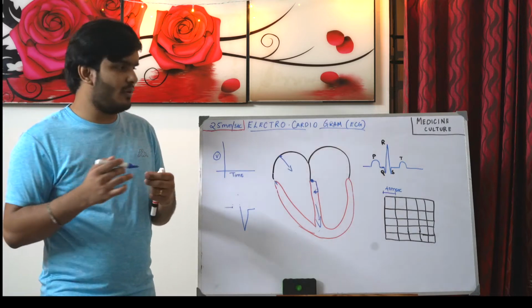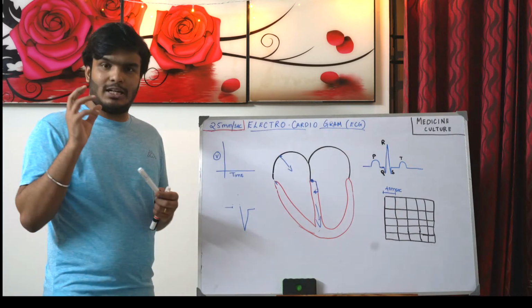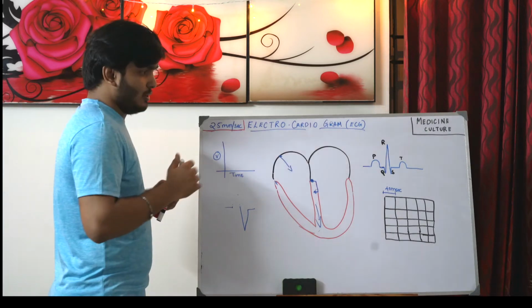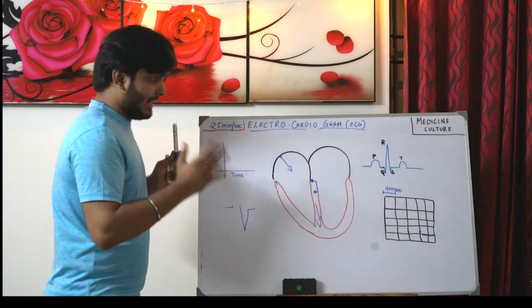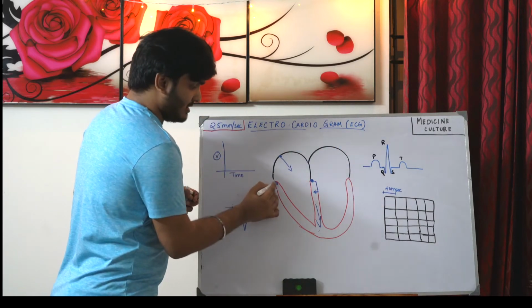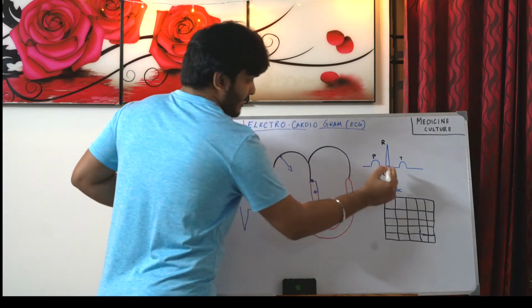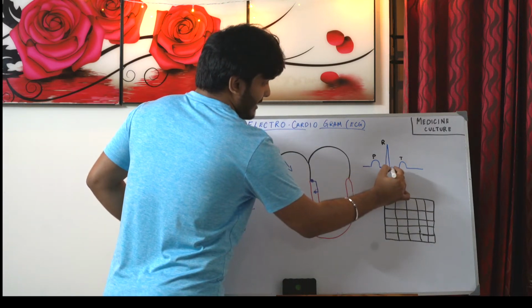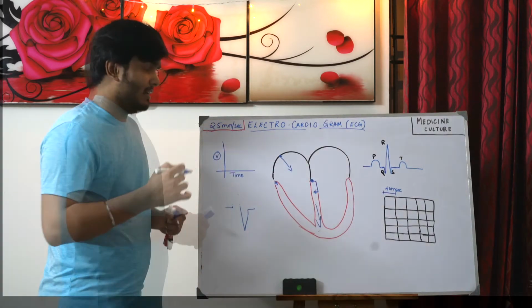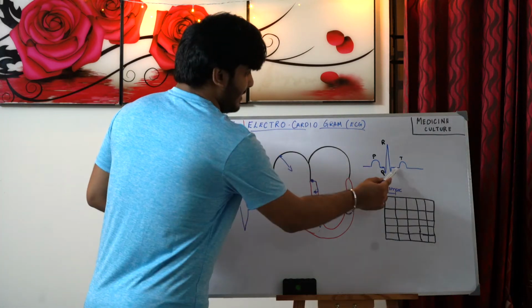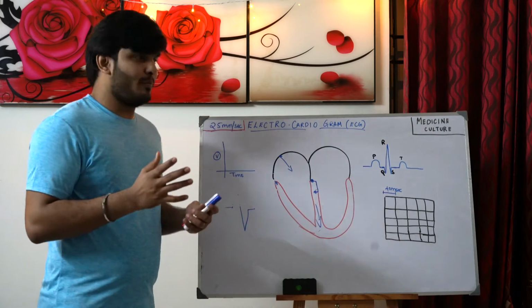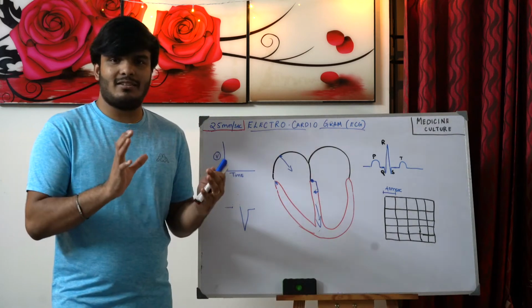Sometimes you can't find the S wave also. But S wave is always a negative wave. So you get a negative S wave due to the depolarization of the last cardiomyocyte. And you get a pause, the ST segment, an isoelectric line.